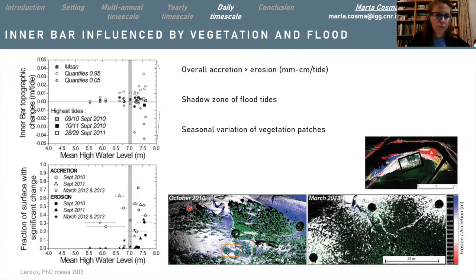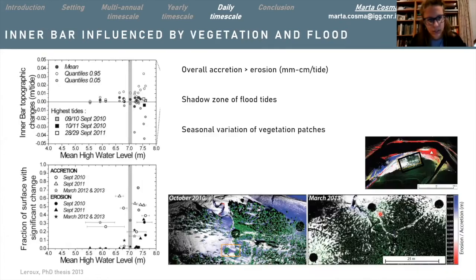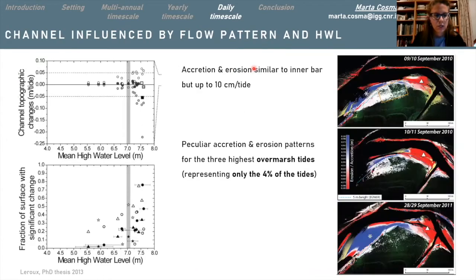Really large vegetation patches are developed in October, and therefore there's a little bit more accretion in this period, whereas when vegetation is really small, accretion is lower. So overall, the inner bar is influenced by vegetation and the flood flow.